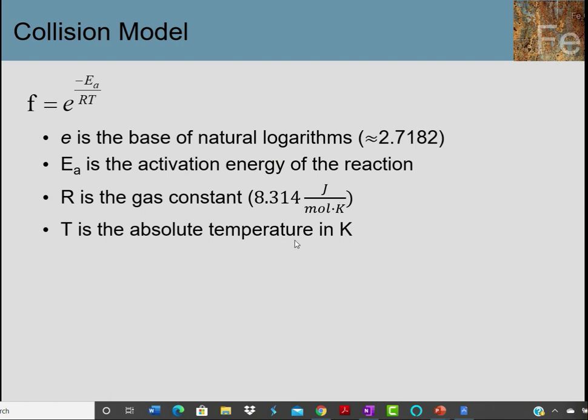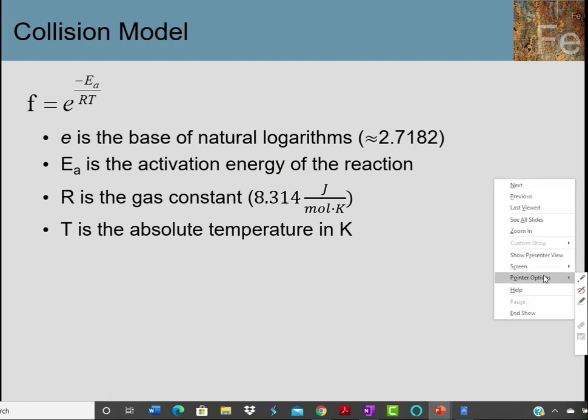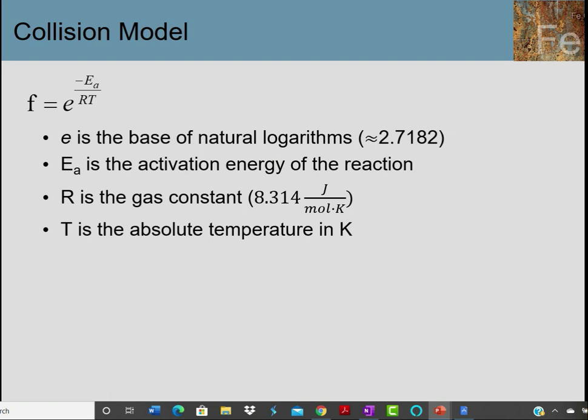Let me find another way to express that. Let me see if I can get my pen to come up. There we go. So e to the negative 2 power is greater than e to the negative 4 power. That makes sense?